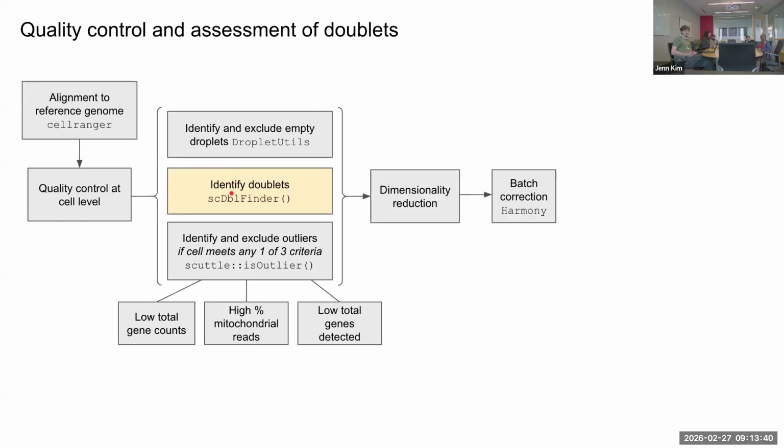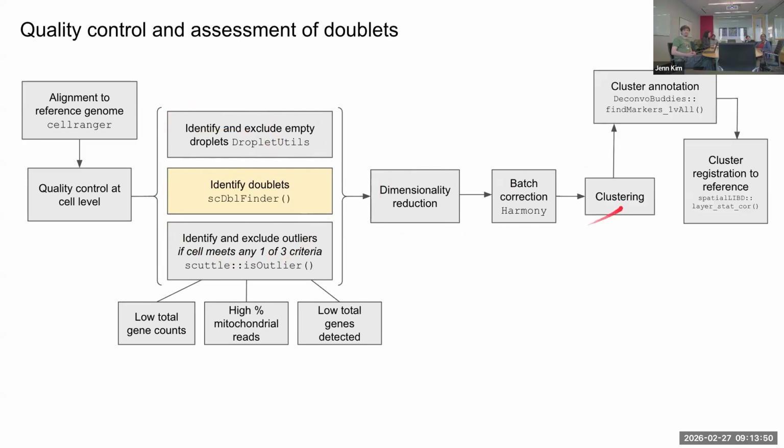With this cleaned up data set, we perform dimensionality reduction, batch correction, and then we cluster, obtain marker genes for the clusters that we get, and then register them to a reference data set based off of these marker genes to call our clusters the various different cell types from published data.